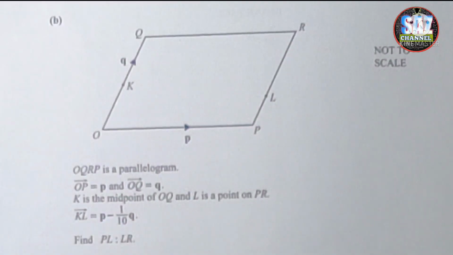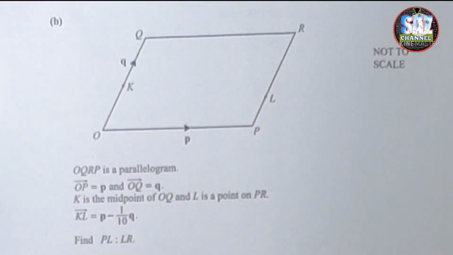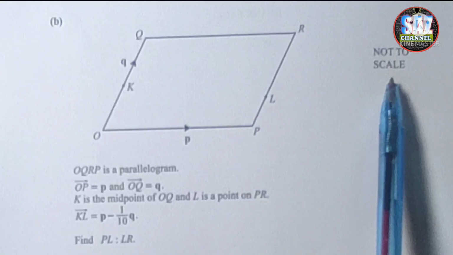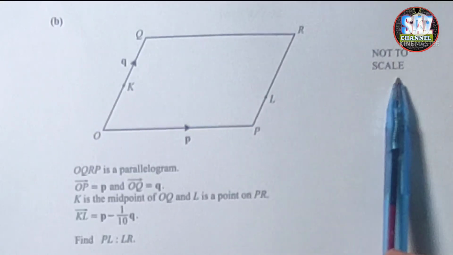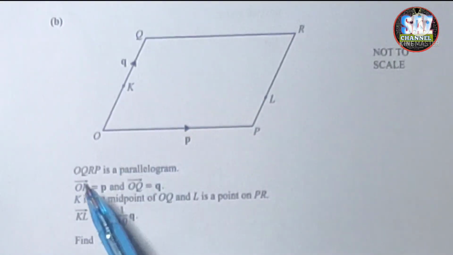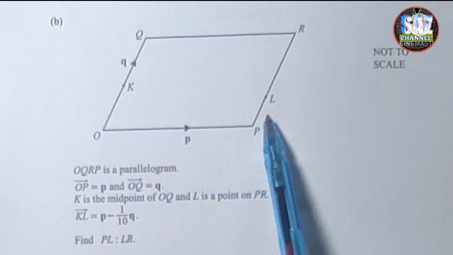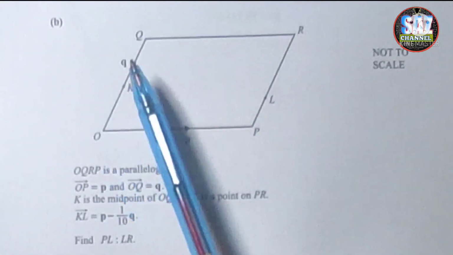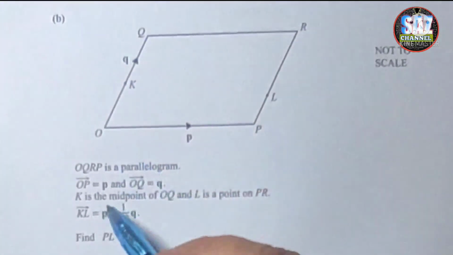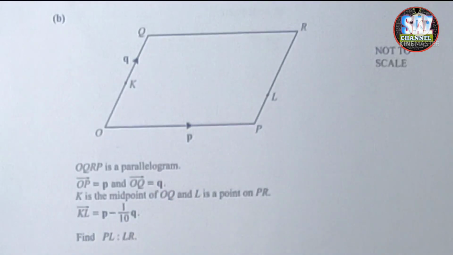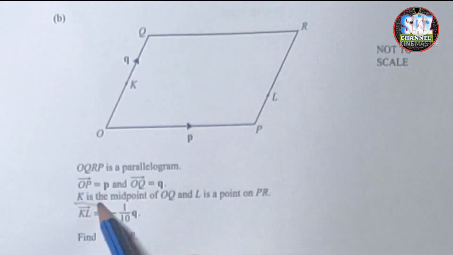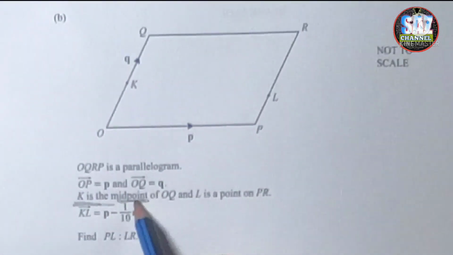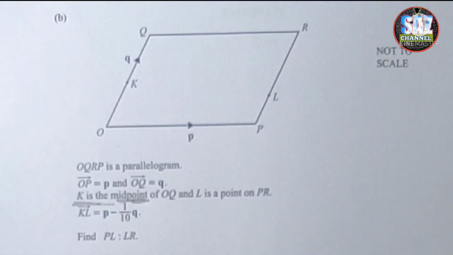In the last part, the question says that the diagram is not drawn to scale. In this question, we are given OQRP, a parallelogram, in which O to P is p and O to Q is q, and K is the midpoint of OQ, okay?